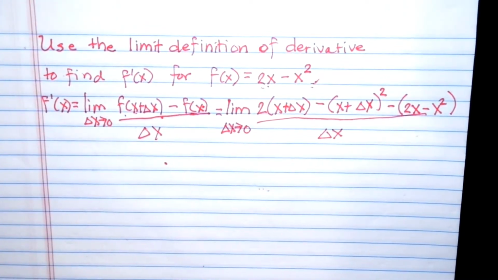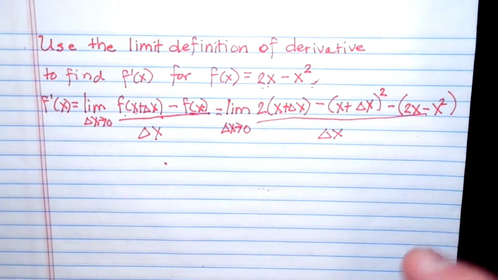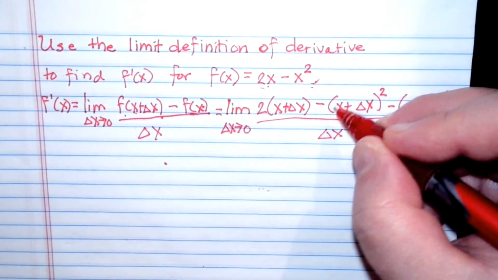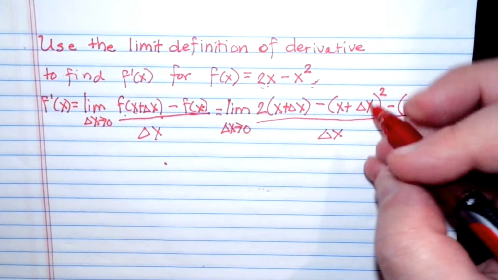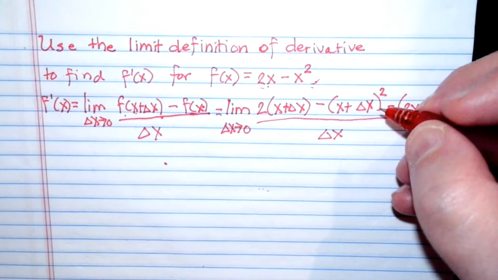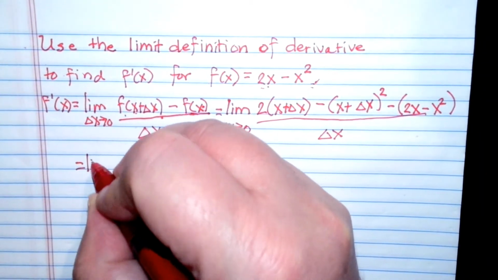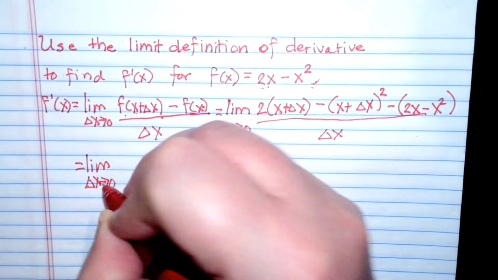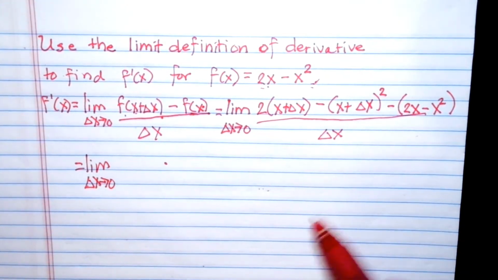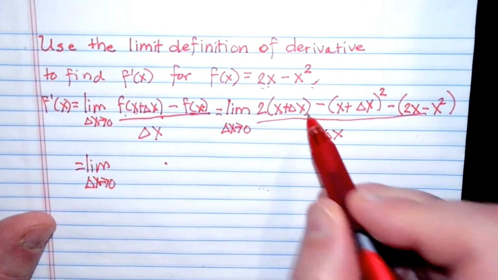Alright, so what we need to do at this stage is simplify this. I'm going to rewrite this x plus delta x squared as x plus delta x times x plus delta x. I'm going to simplify some of this other part too. I'm going to distribute the 2 across here.